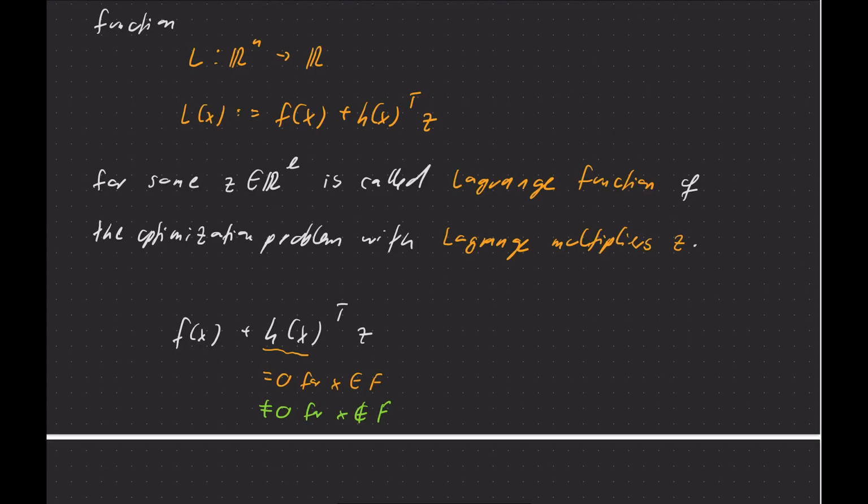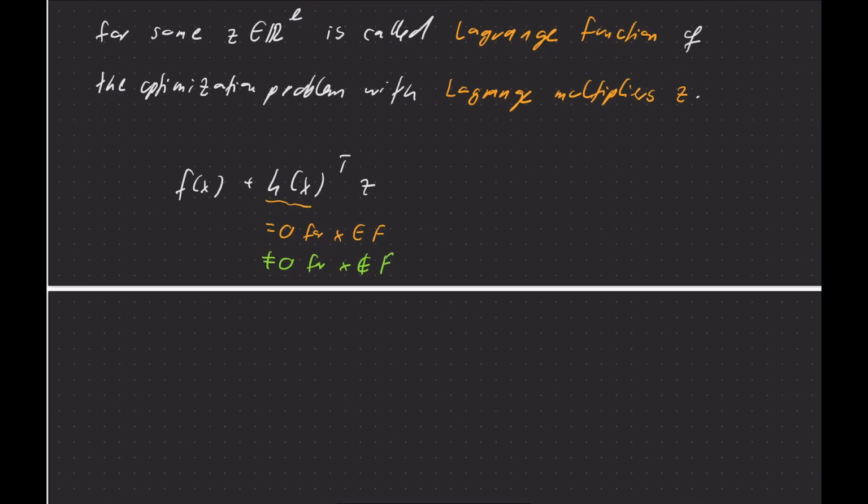And if we optimize that Lagrange function, basically what we have to do is find stationary points of that function. So a stationary point of the Lagrange function is the same thing as a stationary point of the function f of x plus h of x transpose times z. z is a constant. So we just compute the gradient of the Lagrange function. That's equal to the gradient of f plus the Jacobi matrix of h transposed times z.